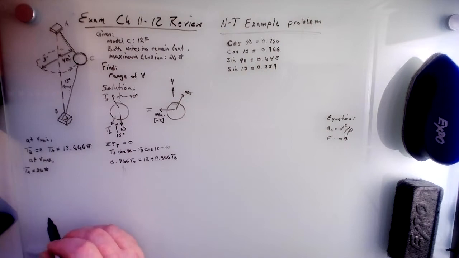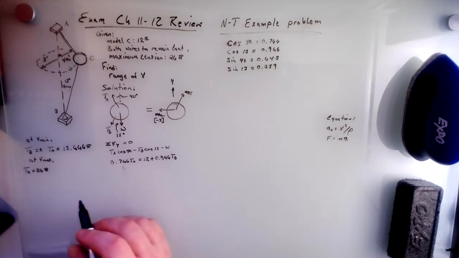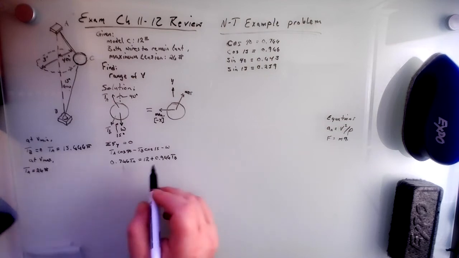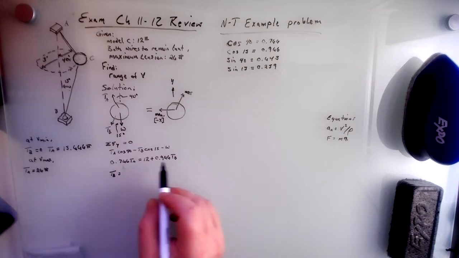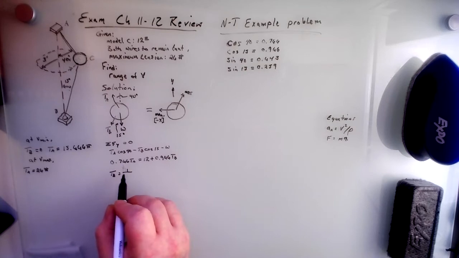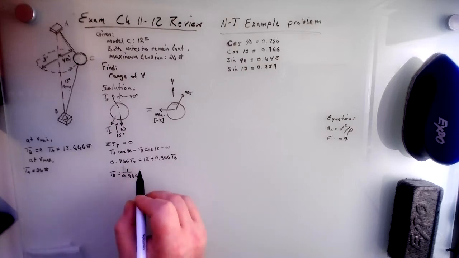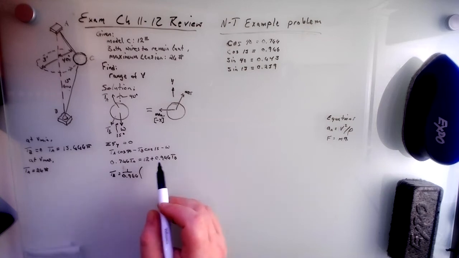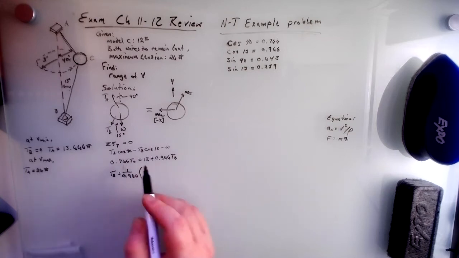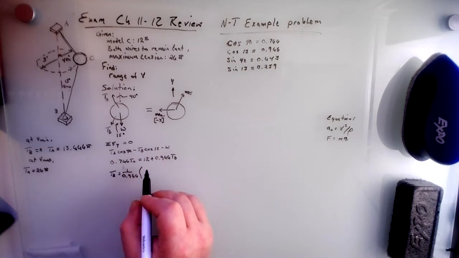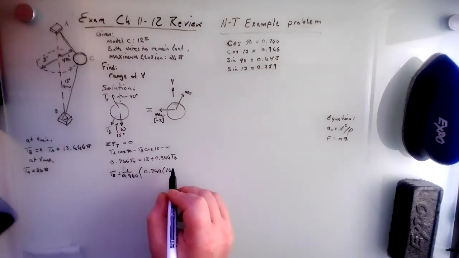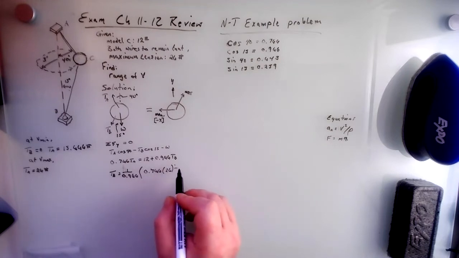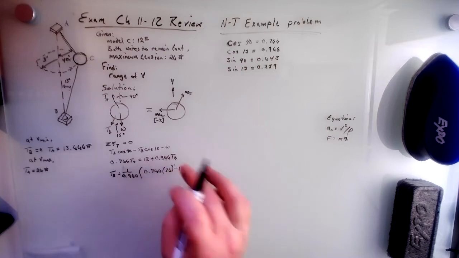So what is TB? If TA is 26 pounds, then let's solve this for TB. So TB equals 1 over 0.966 times, what we got to do is subtract 12 from this side. So 0.766 times 26 minus 12, divided by 0.966.